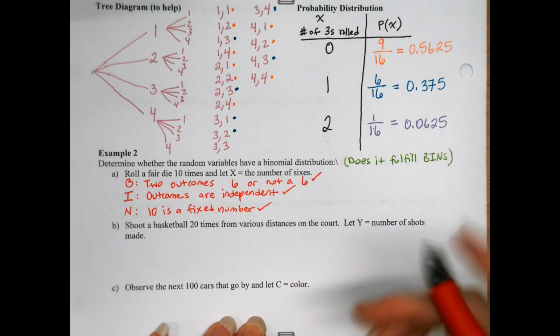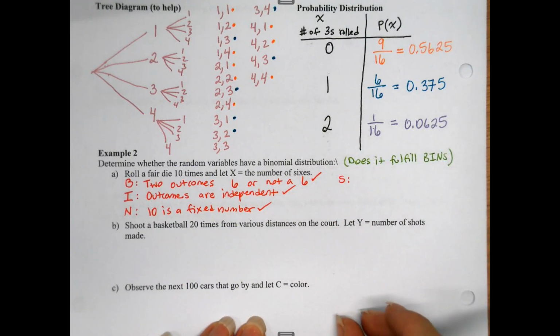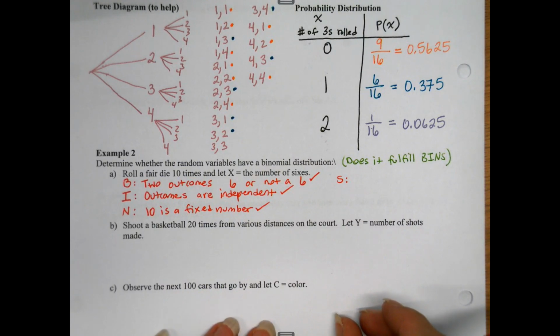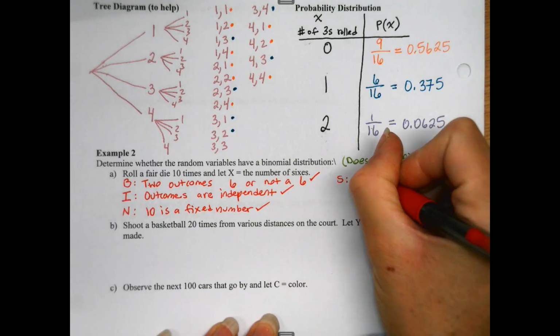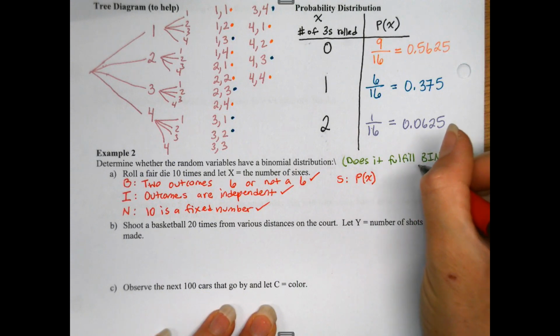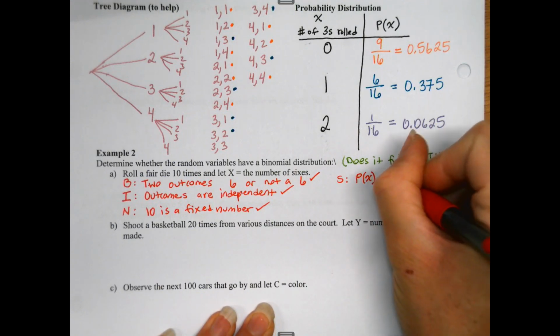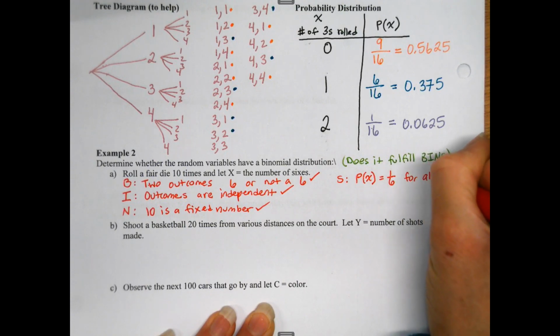And then our S says that the probability of success has to remain the same all the time. So in this case, our probability of X, or our probability of rolling a 6, is going to be 1/6 for all trials.